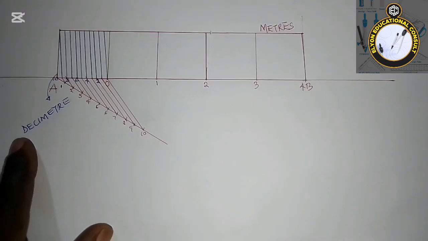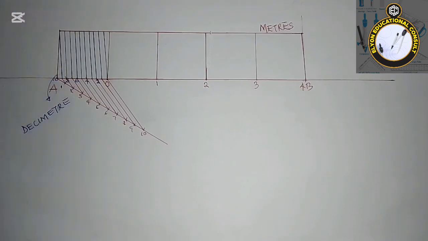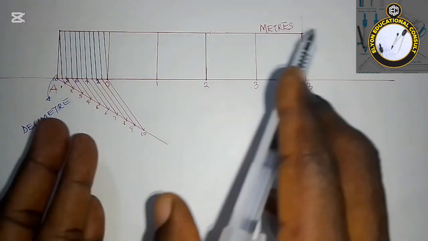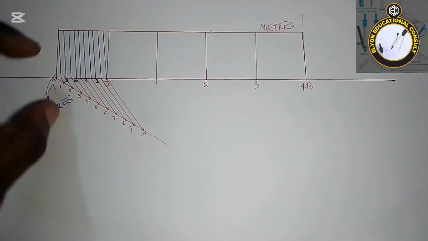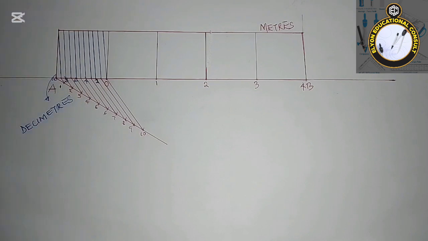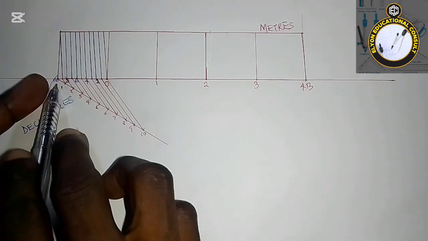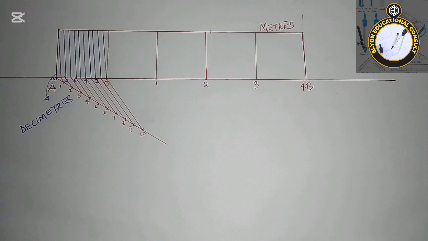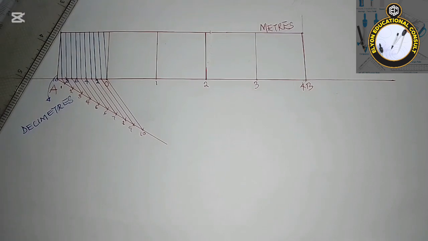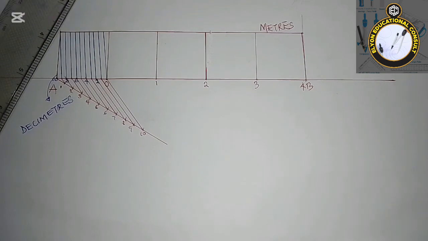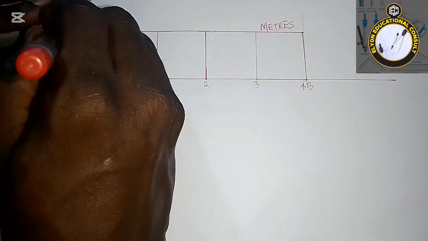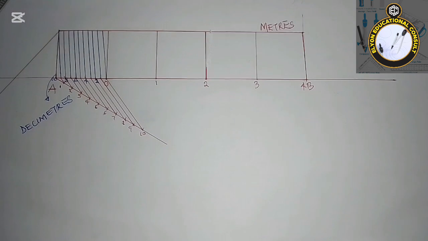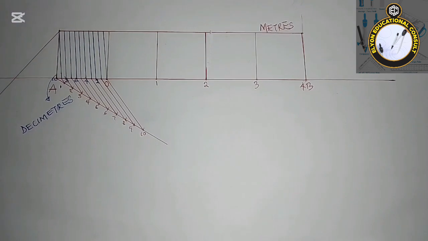So the next thing now is for me to draw. We now have 2 units showing already. The next thing for me now is to draw the centimeter part. So I'm going to be dividing this height into 10 equal parts as well. I'll go this way using our method of line division.